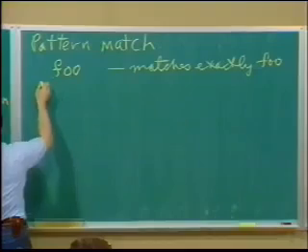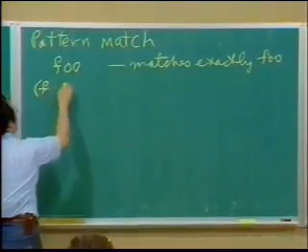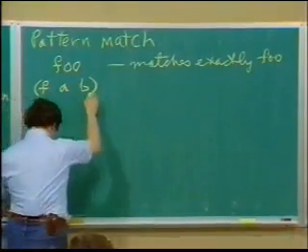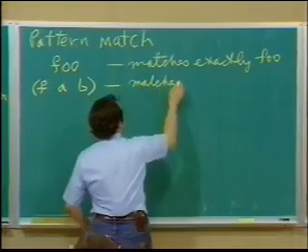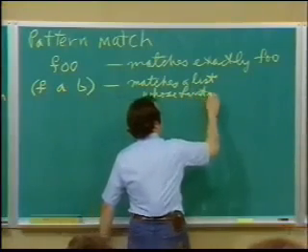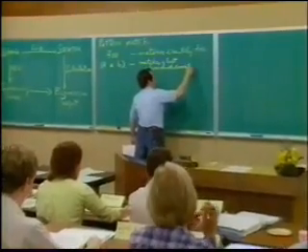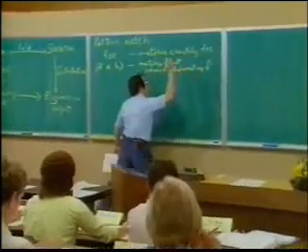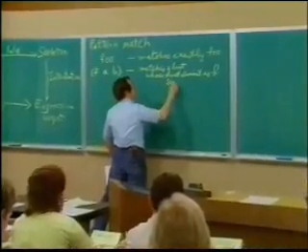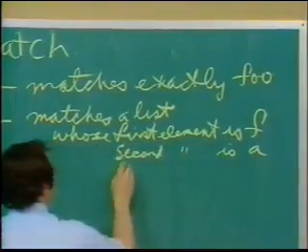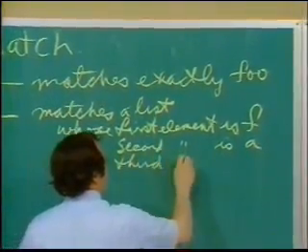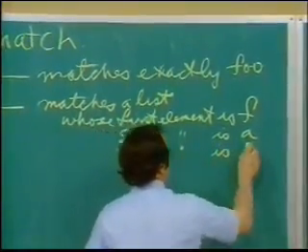The expression f of a and b will be used to match any list whose first element is f, whose second element is a, and whose third element is b.